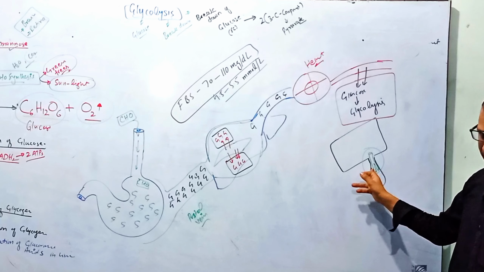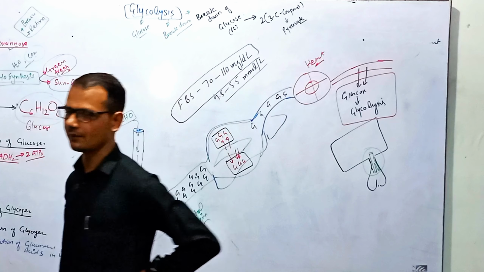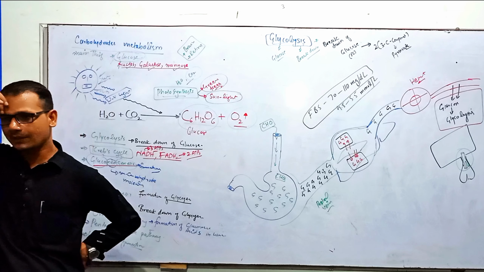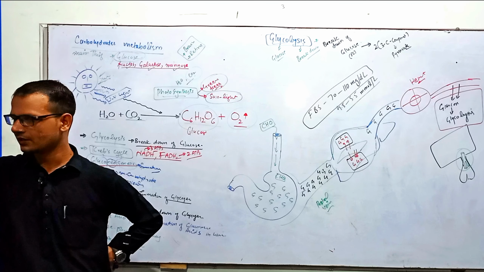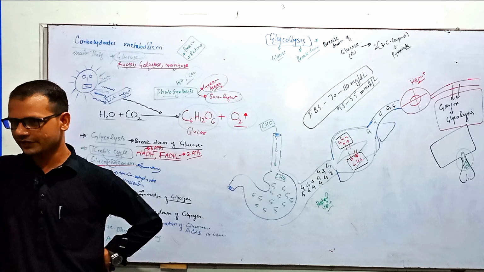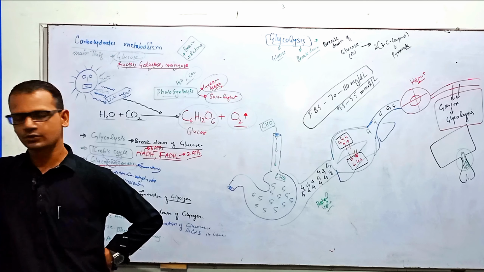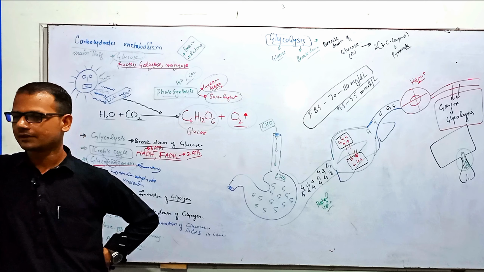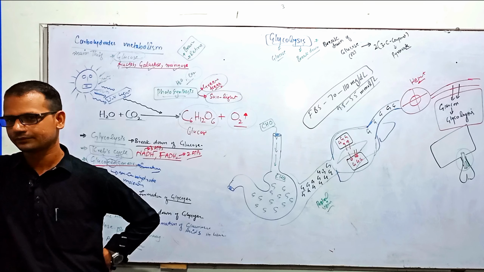Now we will discuss the topic, the entry of glucose into the cell. Two types of mechanisms are responsible for the entry of glucose into the cell. The first is the insulin independent pathway. The second one is the insulin dependent pathway, right? So now we will discuss insulin dependent and insulin independent pathways, right?